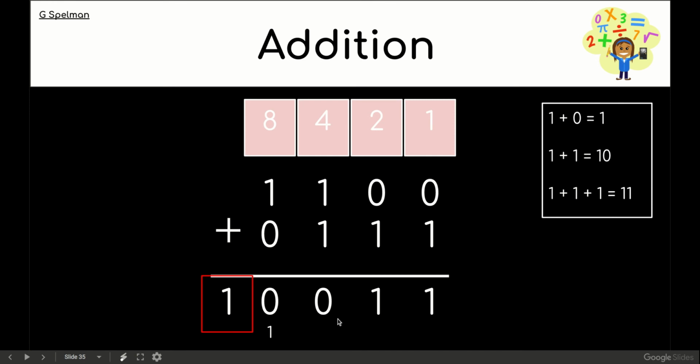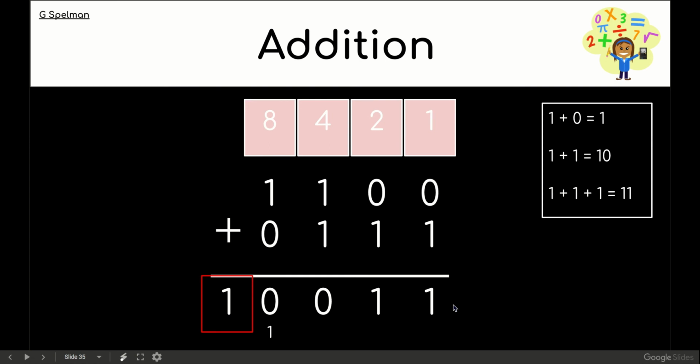So the answer that we have here is 0011. So the answer we have is 3. We have added 12 and 7 together, and we have come up with the answer of 3. And that's clearly wrong. 12 and 7 is 19.